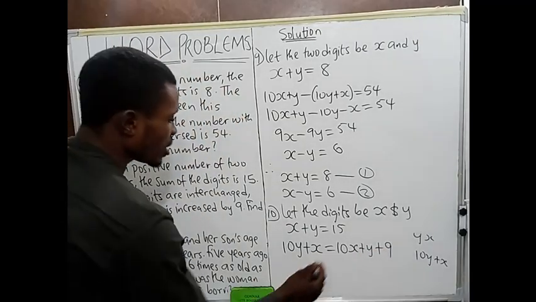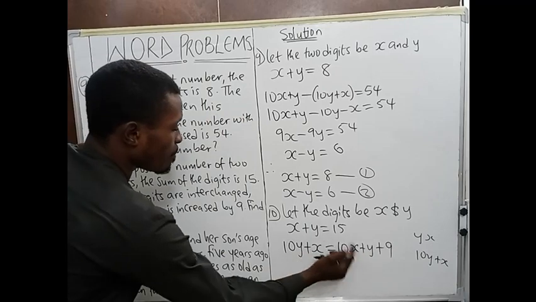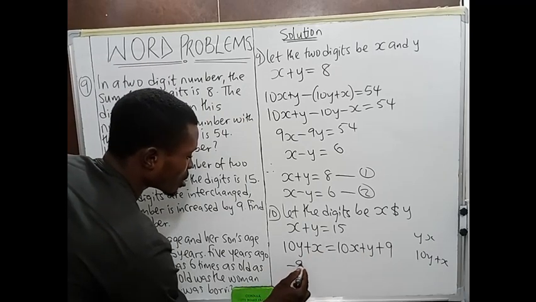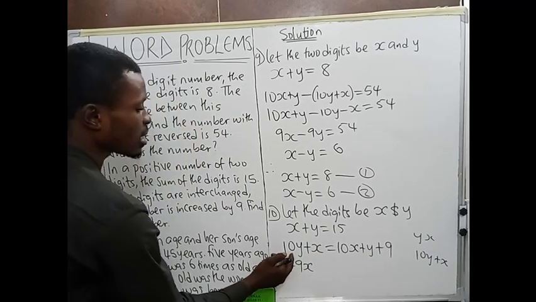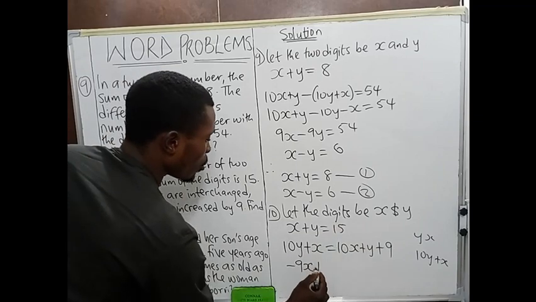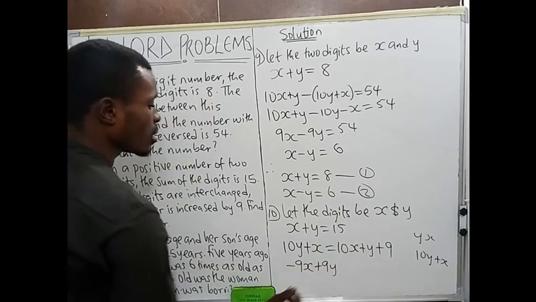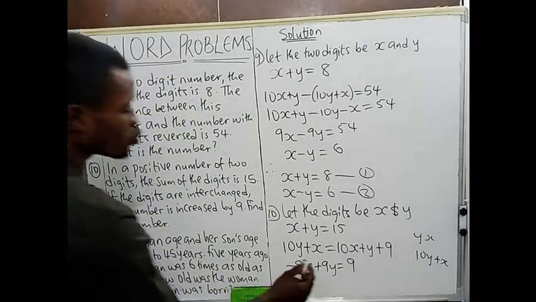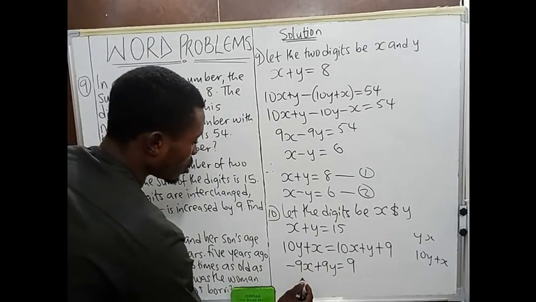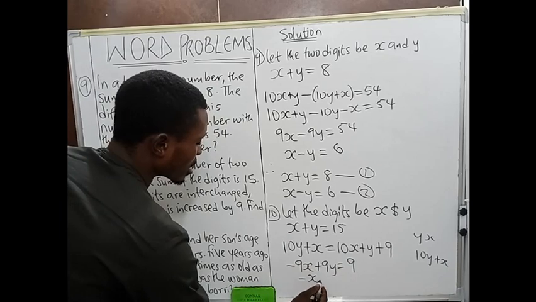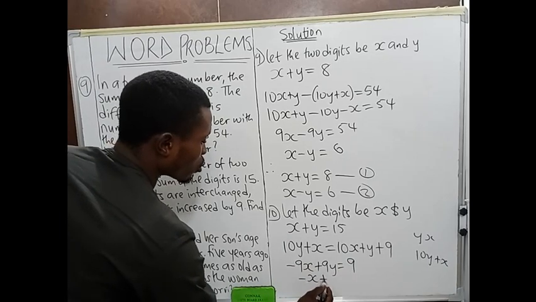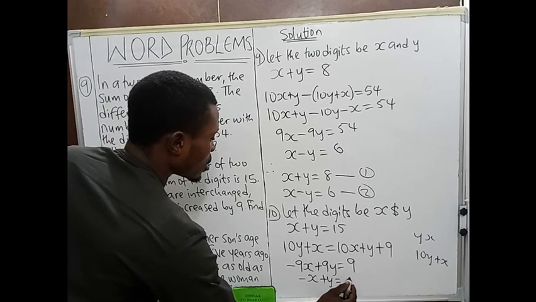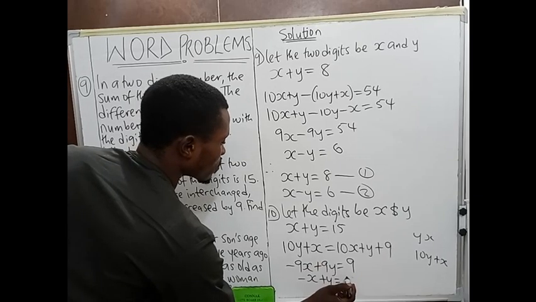Okay, so we simplify this. You have x minus 10x to give us minus 9x, 10y minus y plus 9y equals 9. So you divide through by 9, you have minus x plus y equals 1.